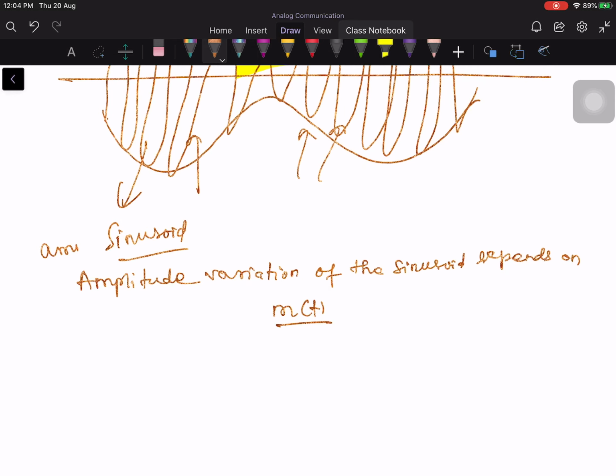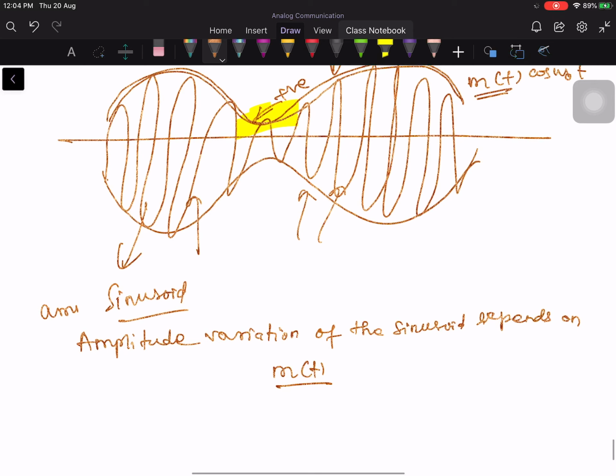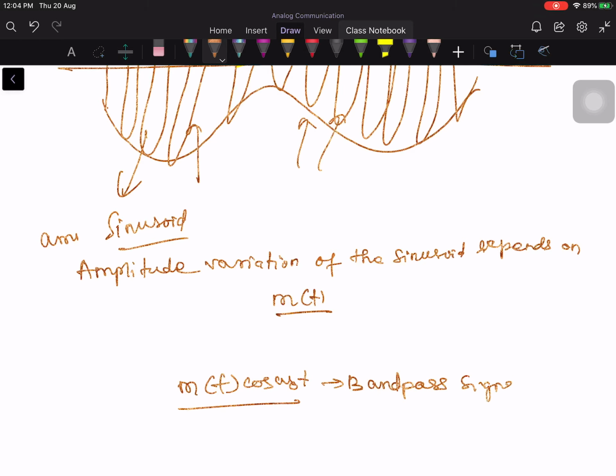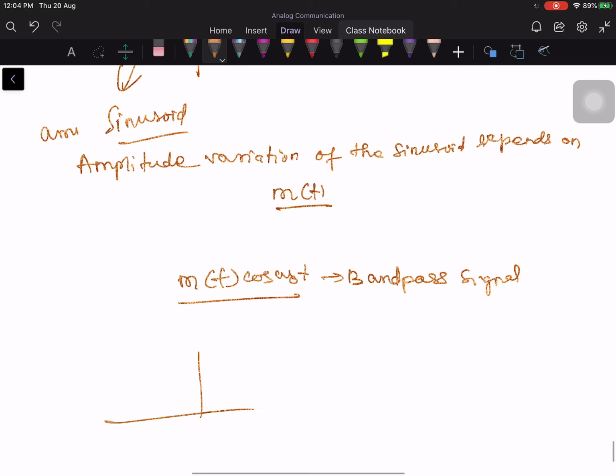And the envelope fluctuations are slow fluctuations compared to the carrier frequency, because the carrier is varying very fast since it is high frequency. So envelope fluctuations are also called slow fluctuations. And now if you look at this m of t and cos omega naught t together, this is called band pass signal. Why is it called a band pass signal? Originally m of t was a low pass signal because its spectrum is around 0 hertz like this.